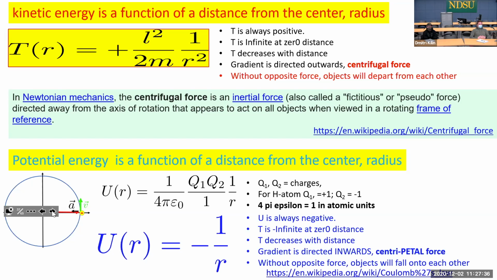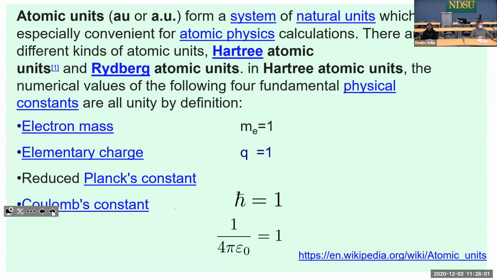It took me a few years to realize that there is a system of units among people who do it every day, where one can skip this constant altogether. If one tweaks the system of units, one can select such a system where this constant equals 1. And this is the atomic system of units, where mass of electron is 1, charge is 1, one constant is 1, and this Coulombic factor is 1.